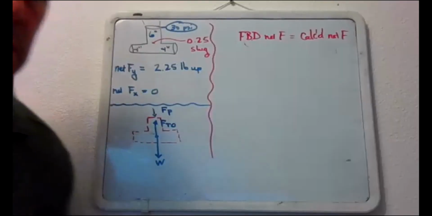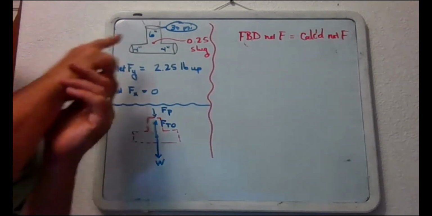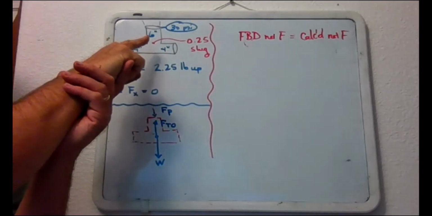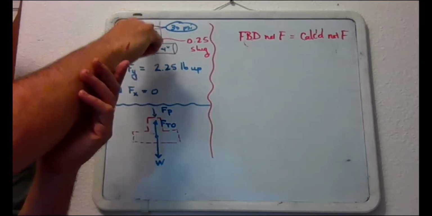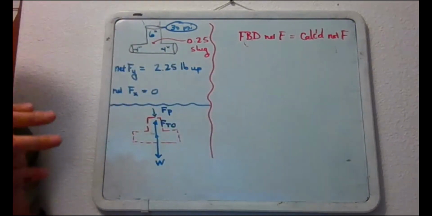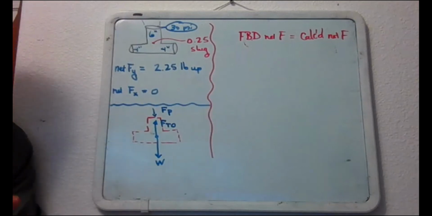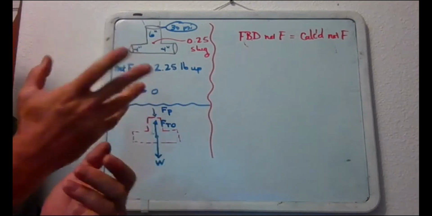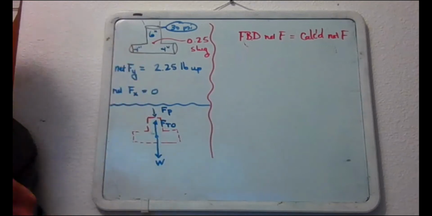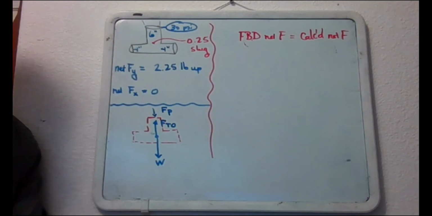Finishing off the T problem. If you remember, we had a T with a 6-inch inlet, and some engine oil came in and split. To finish off the problem, the goal was to figure out the force of the T on the oil and also the force of the oil on the T. So we're trying to come up with numbers for those, magnitude and direction.